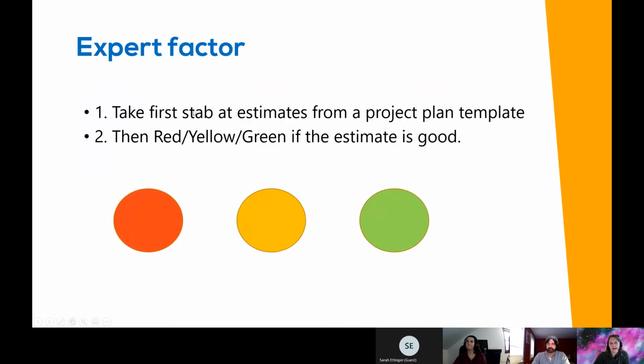Often, even with teams, or if you're an individual, you're providing the estimates yourself. You'll go through and make your best guess. As a project manager, I am not an expert in this new compliance portal that we are rolling out to our engineers.